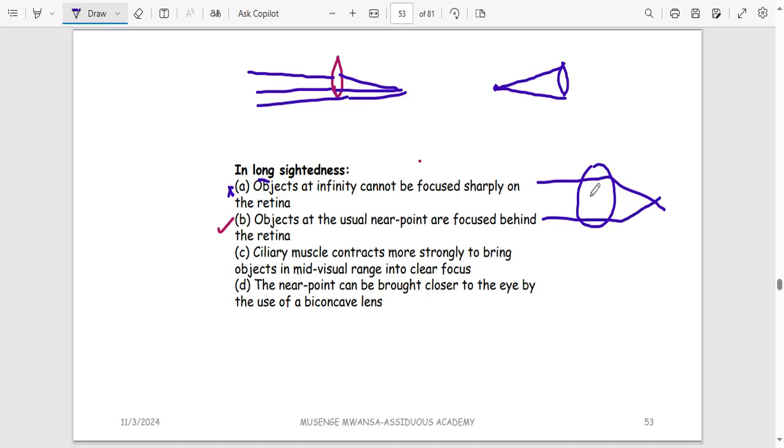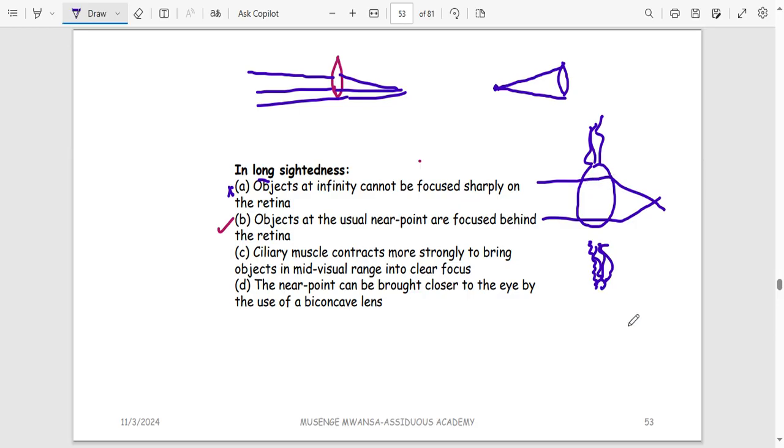So how can you make the lens become more curved instead of more elongated? What we do is we relax the zonular fibers. But the relaxation of the zonular fibers is because of the contraction of the ciliary muscle. That is how the lens is going to become thick like that.